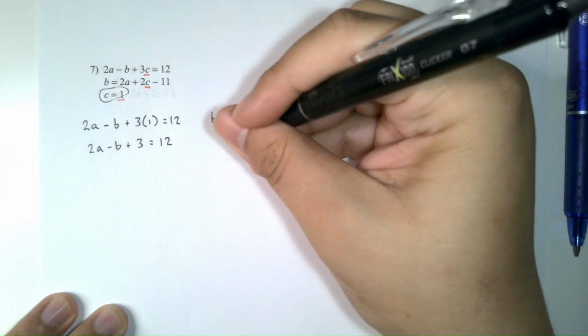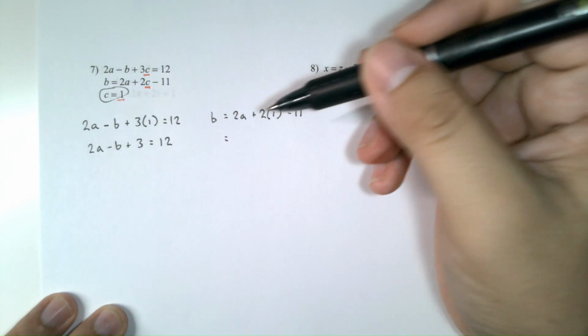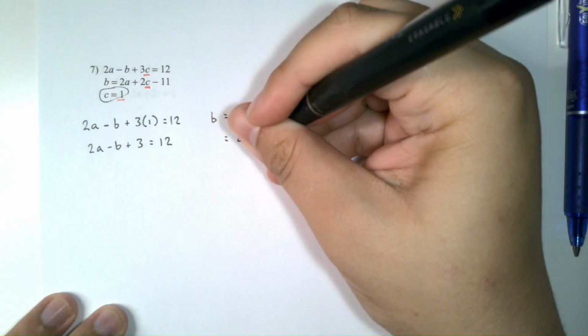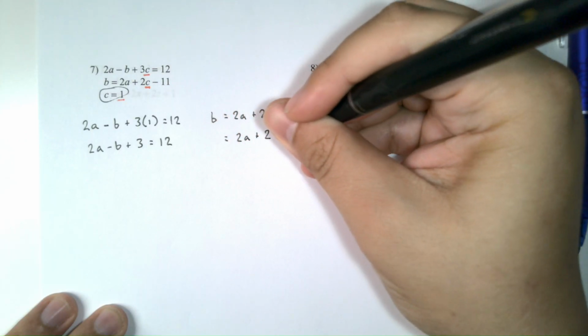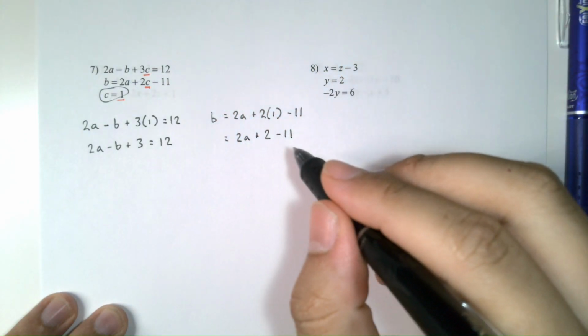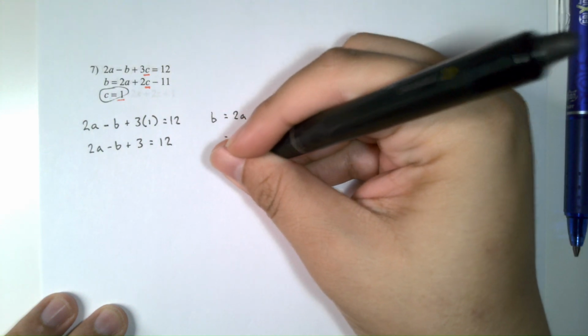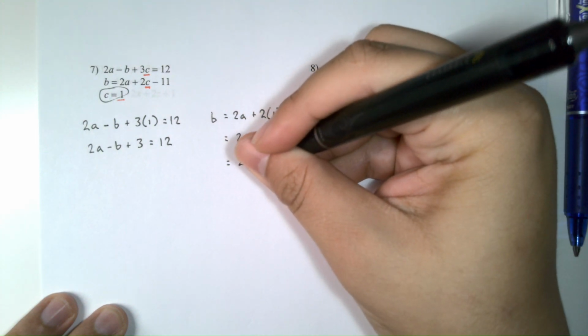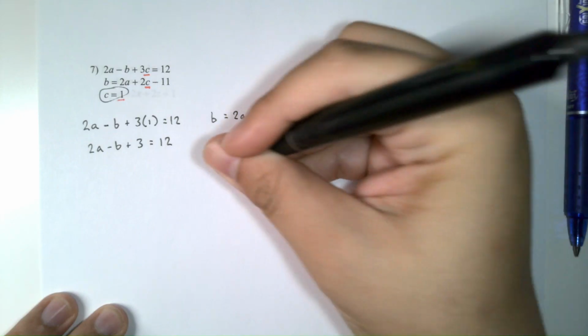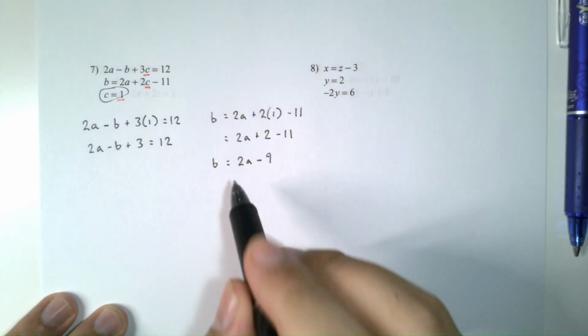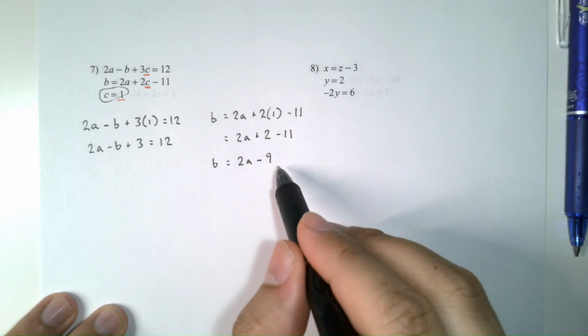If we do 2 times 1, we have 2a plus 2 minus 11. If we combine like terms, we have 2a minus 9. So we know now that b is equal to 2a minus 9.